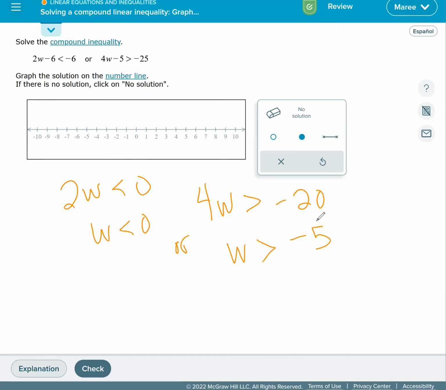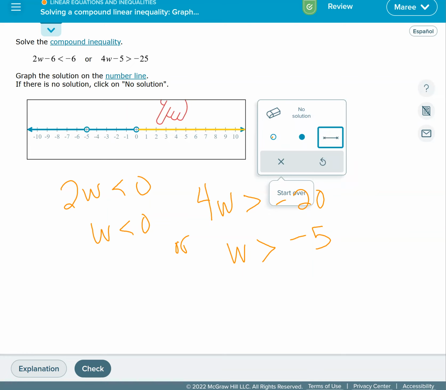So we have or. So less than 0, it's all of this here. If we want greater than negative 5, we have this. We need our dot. And it's all above here.